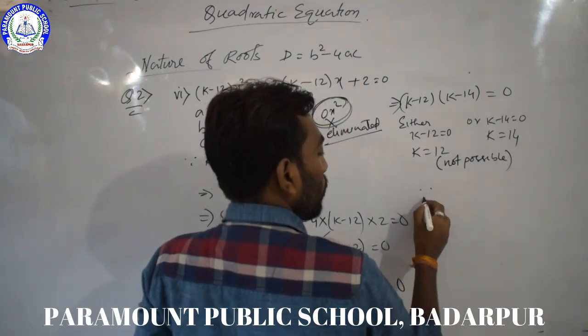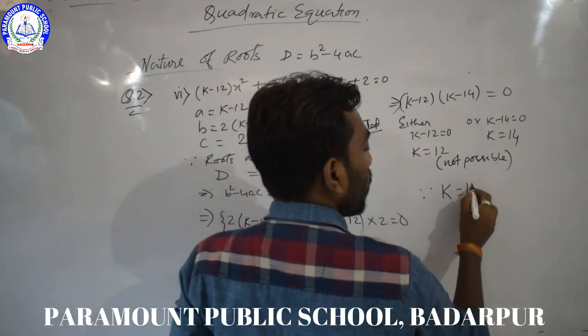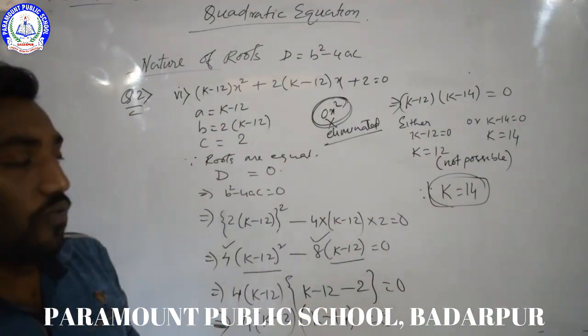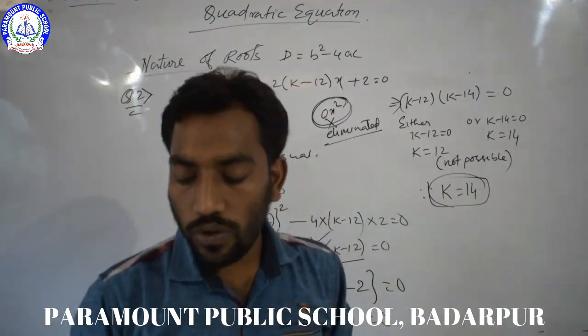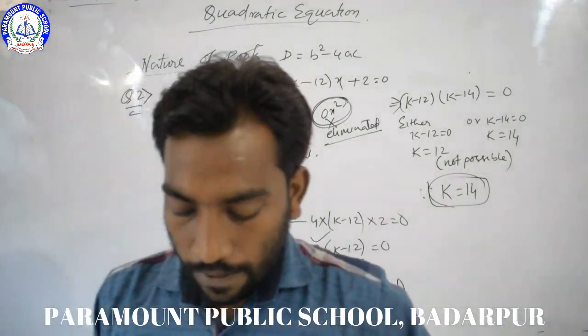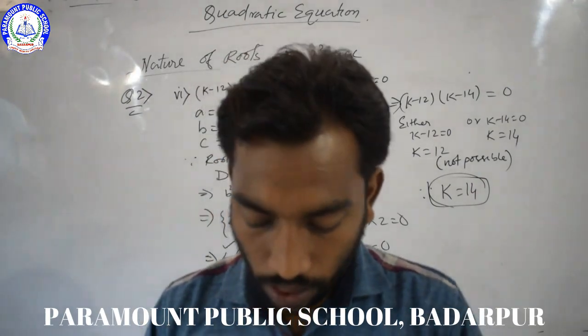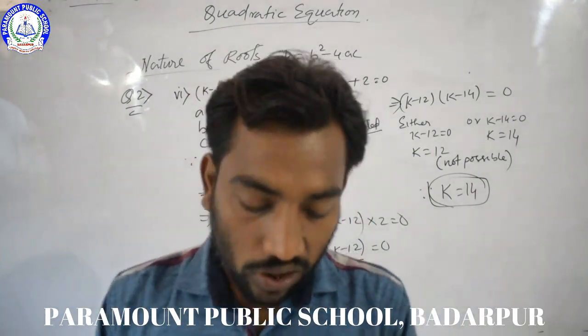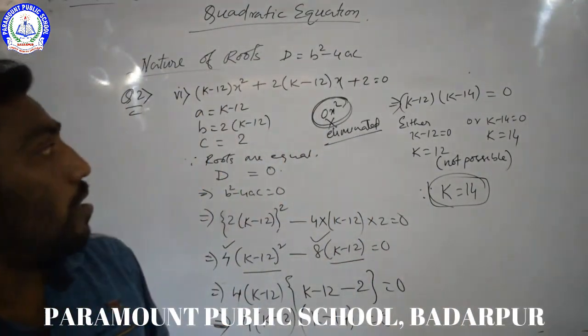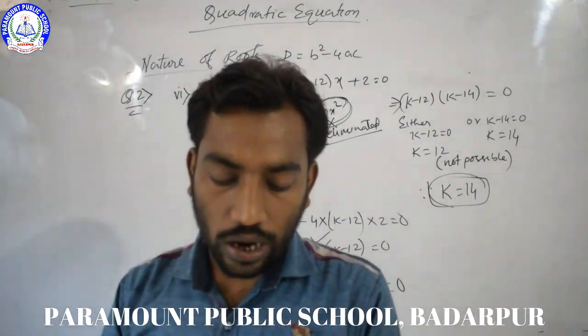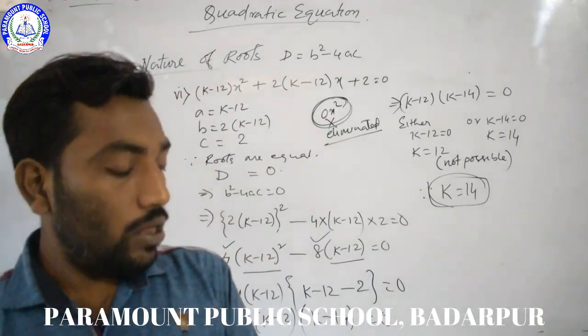So our given k value is nothing but 14. So the solution is k equal to 14. So these are the problems based on nature of roots and quadratic formula.